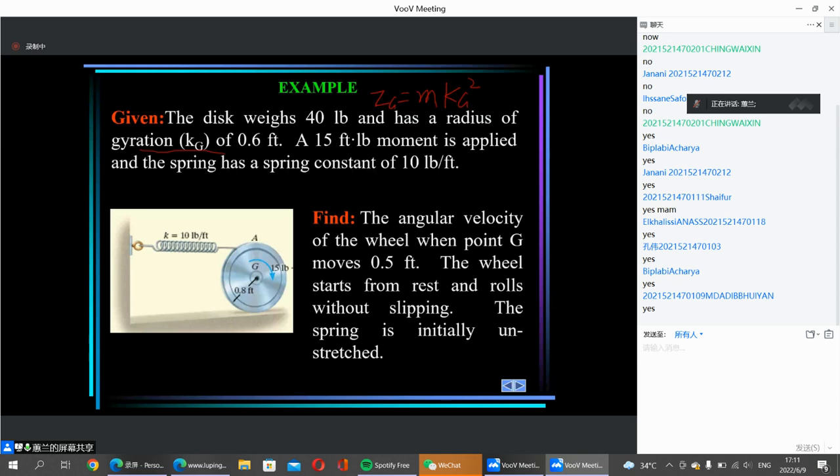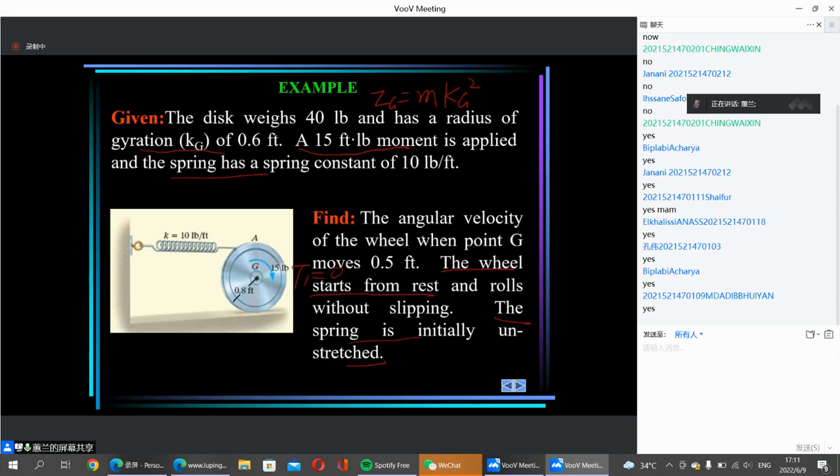At 15 feet, a moment is applied and the spring has a spring constant of 10 pounds per foot. We have a constant moment and a spring, and we need to find the angular velocity of the wheel when point G moves 0.5 feet. The wheel starts from rest and rolls without slipping. You see, the wheel starts from rest, which means the initial kinetic energy is equal to zero. And the spring is initially unstretched.